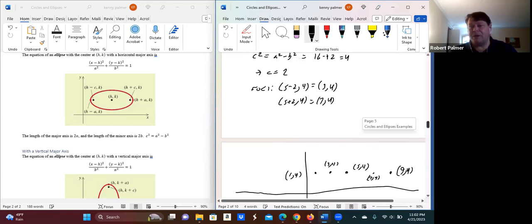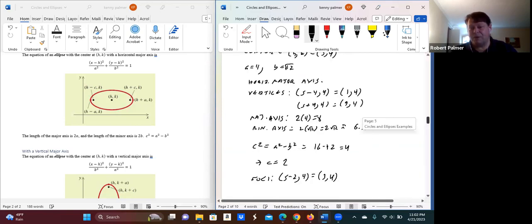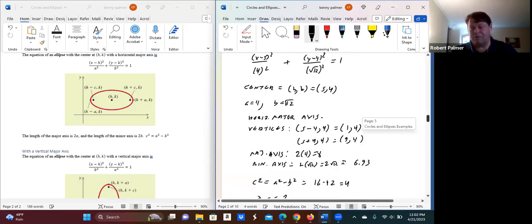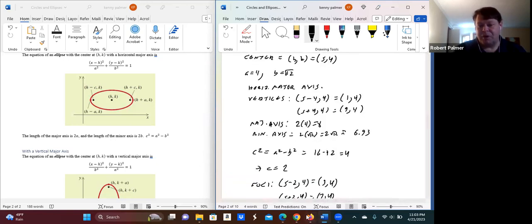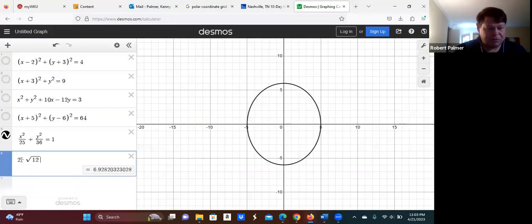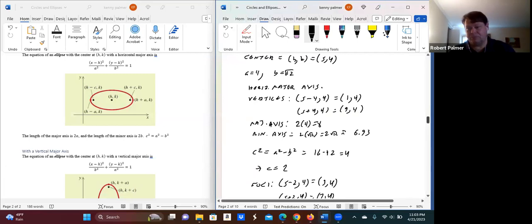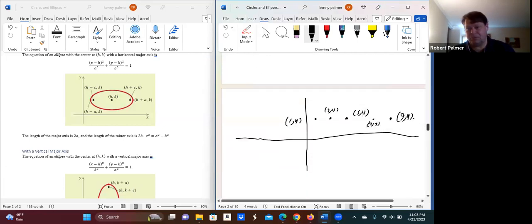Now other points, we should probably approximate the square root of 12. So the square root of 12 is about 3.46. And that's going to be, so in this 5, basically plus or minus 3.46. So that's going to be about 5 and 7.46.